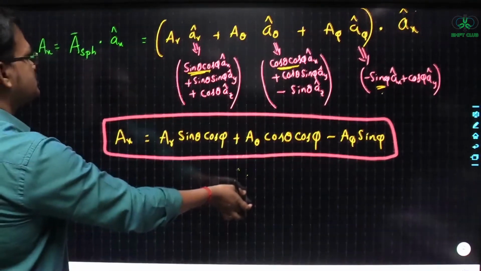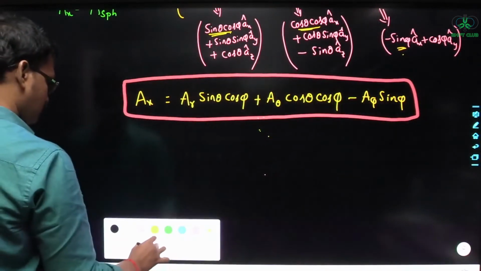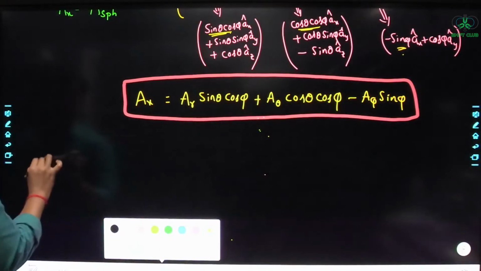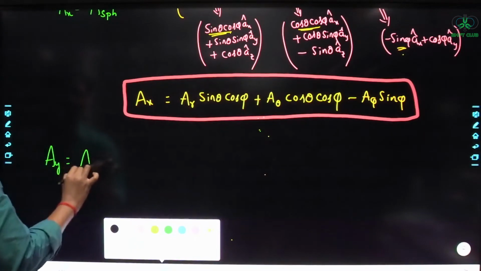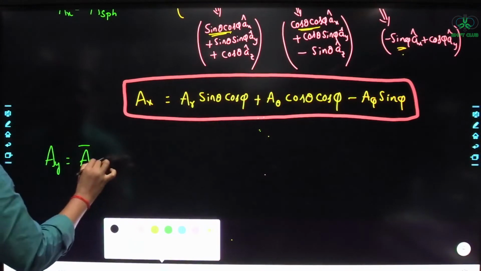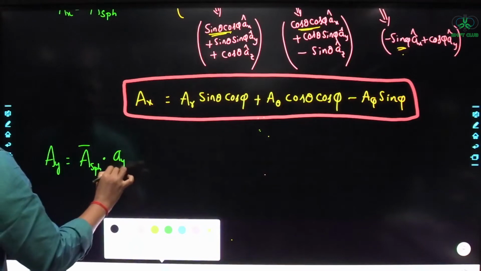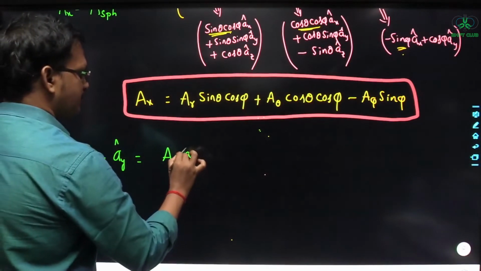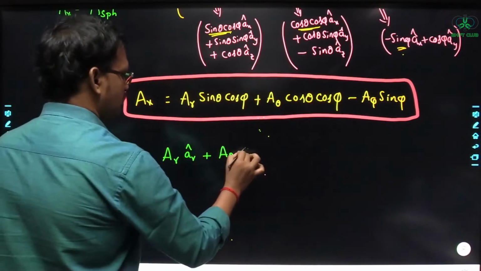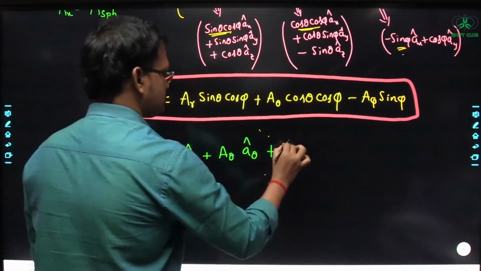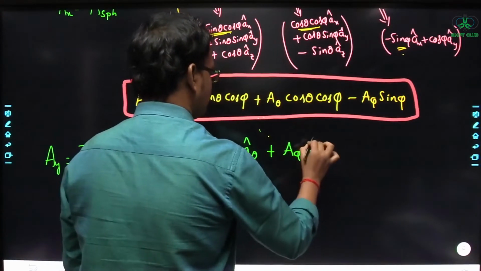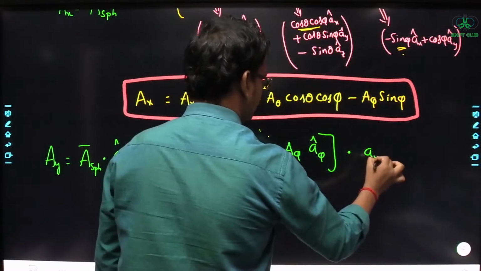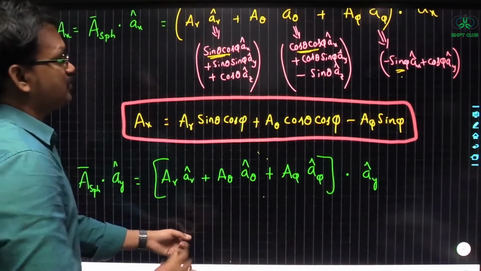Now similarly, if you want AY, what do you have to do? A spherical dot AY cap, that is AR cap plus A theta cap plus A phi cap dot AY cap. Just multiply the Y components.